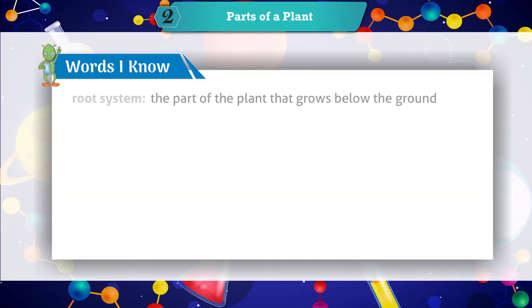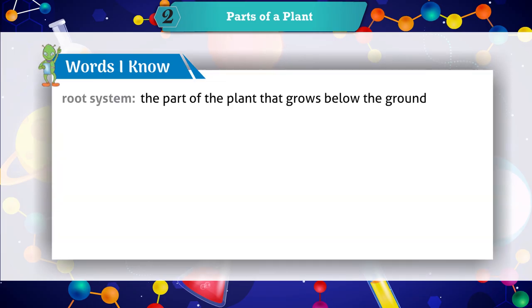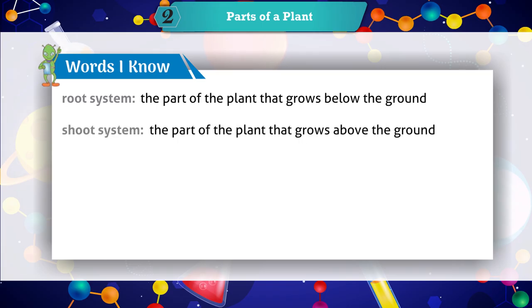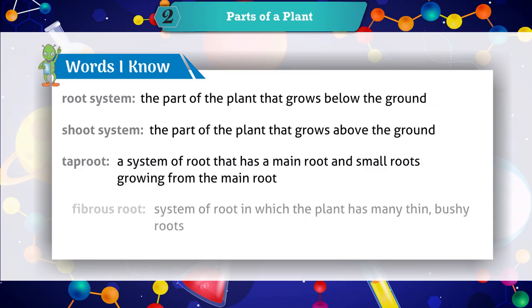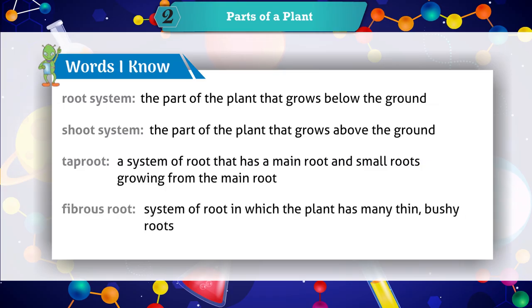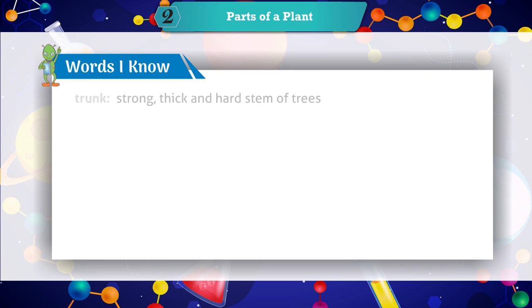Words I know. Root system, the part of the plant that grows below the ground. Shoot system, the part of the plant that grows above the ground. Taproot, a system of root that has a main root and small roots growing from the main root. Fibrous root, a system of root in which the plant has many thin, bushy roots.